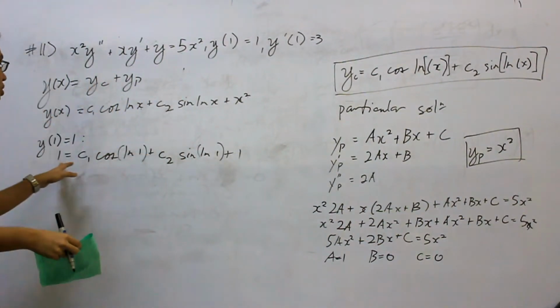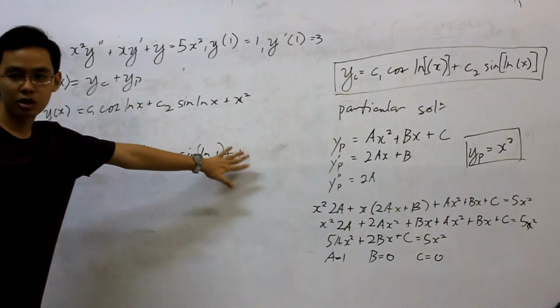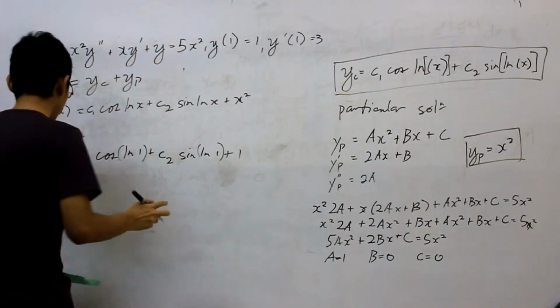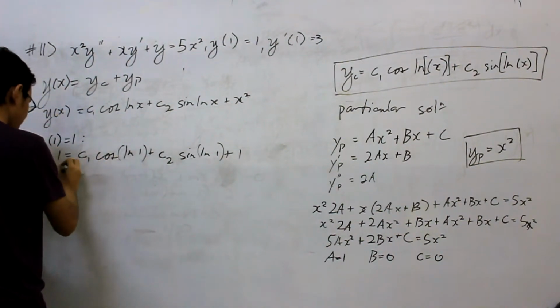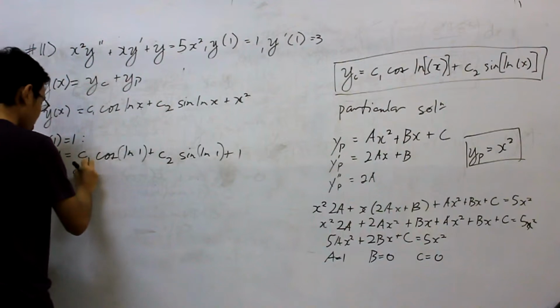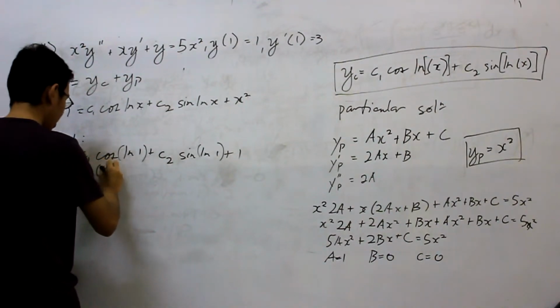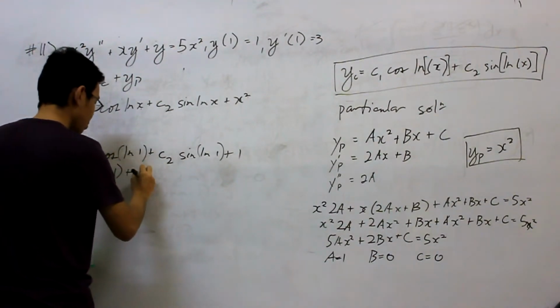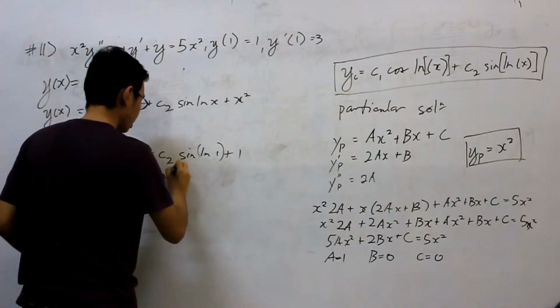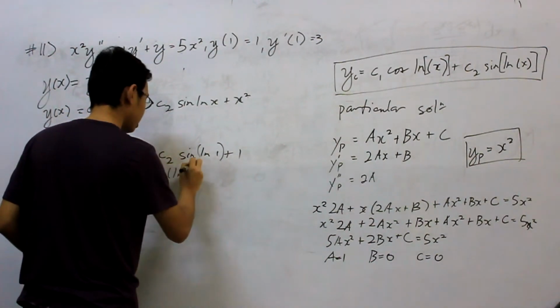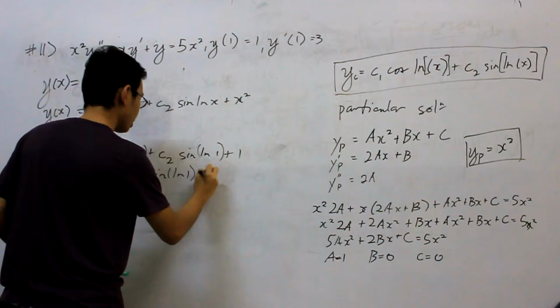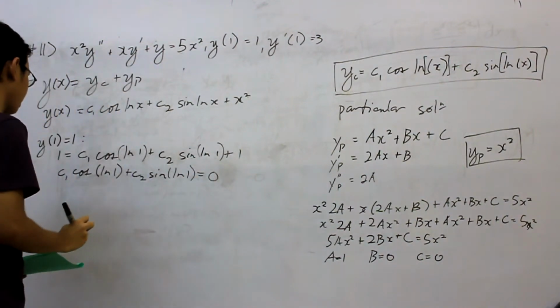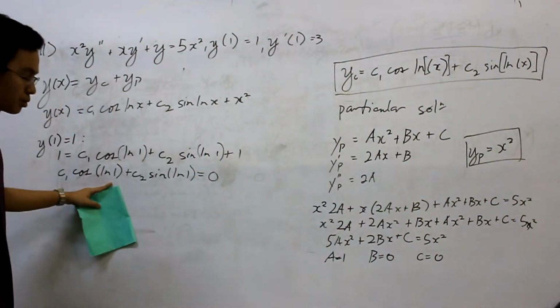As you can see here, we can transpose this 1, and we have c1 cosine of ln of 1 plus c2 sine of ln of 1 equal to 0. You know, ln of 1 is 0.